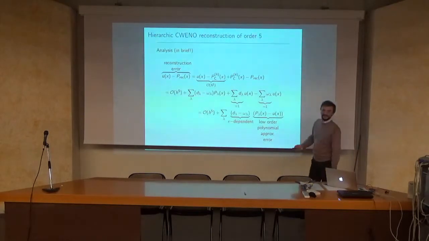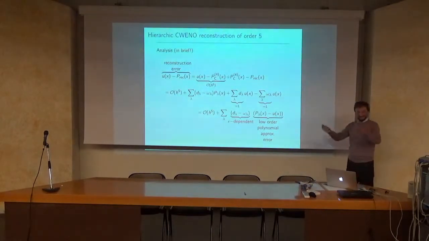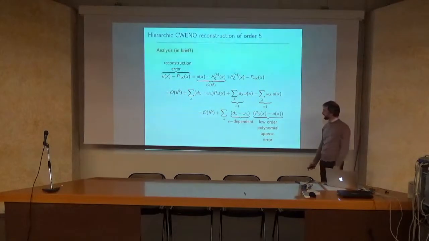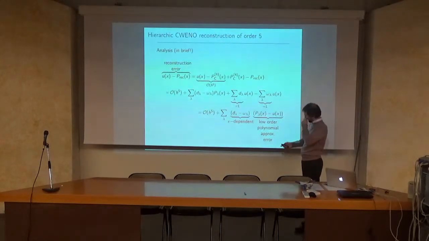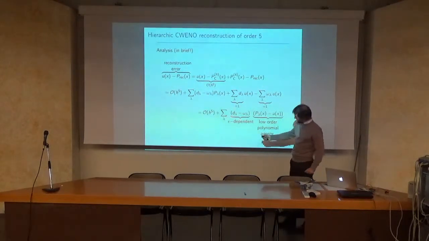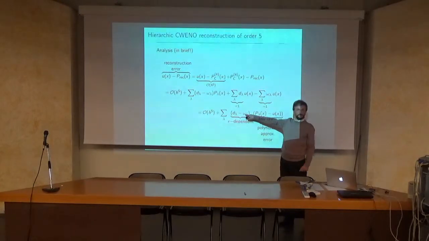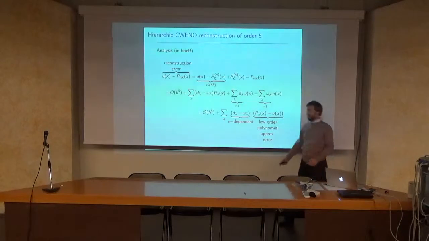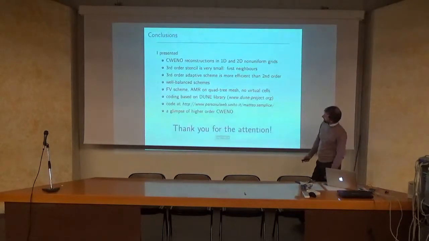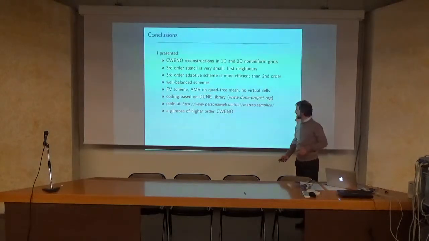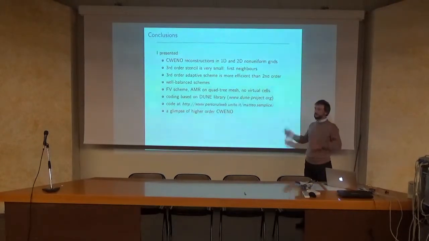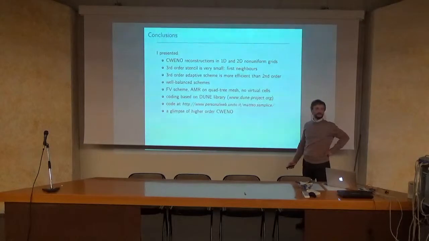They are in the paper for the third order case and in the forthcoming one for the fifth order. The estimate of this part is where the epsilon comes into play. Okay, so it's just the end, and maybe I just avoid reading out the conclusions.